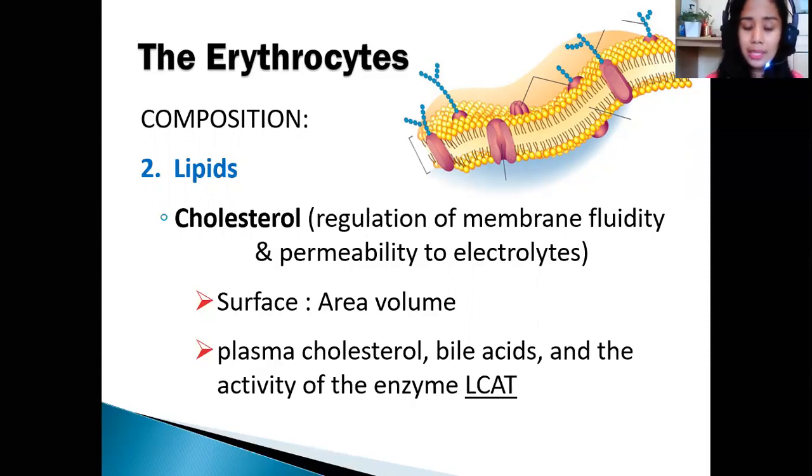And class, it is affected by the enzyme LCAT. Pwede paki-search ang LCAT. So pag sinabi mong LCAT enzyme, it is the one that regulates your cholesterol. And it's also affected by your bile acids. So class, pag there's something wrong with your LCAT enzyme, there can be something wrong with cholesterol resulting to changes in the surface area volume of your red blood cell.